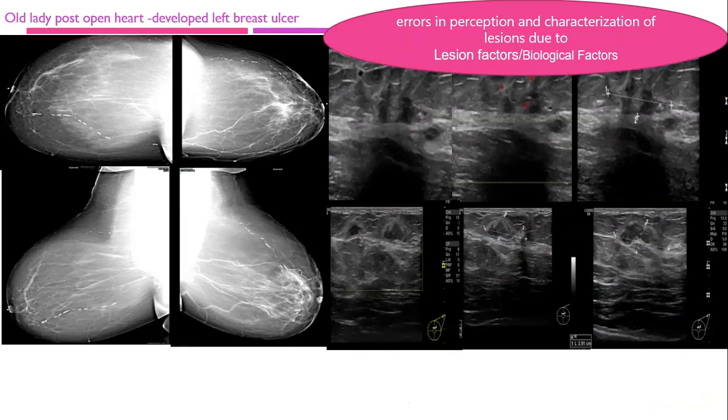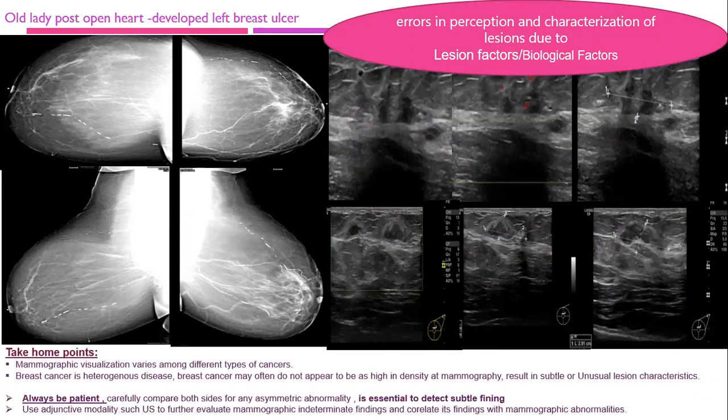These are unusual presentations of breast cancer, with subtle morphology. And as you know, mammographic visualization varies among breast cancers. Not all breast cancers present in the same way as a spiculated high density mass.